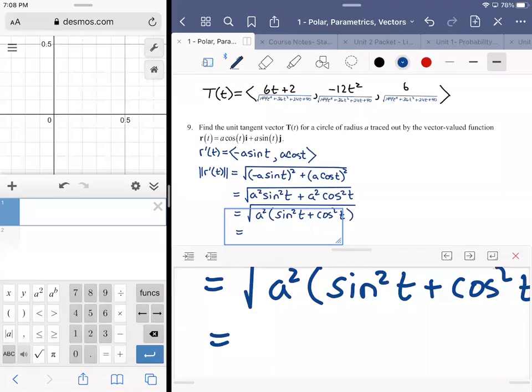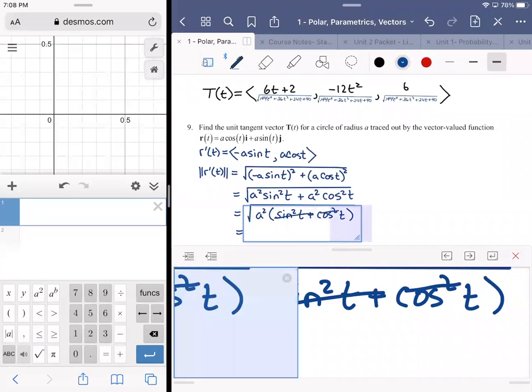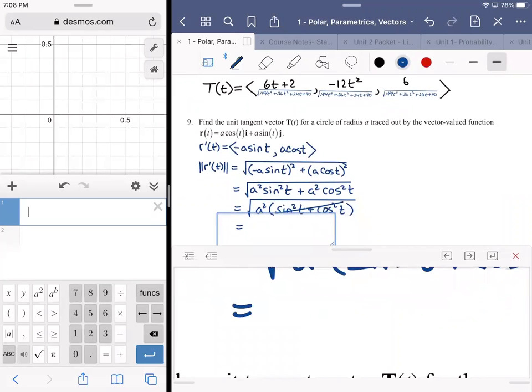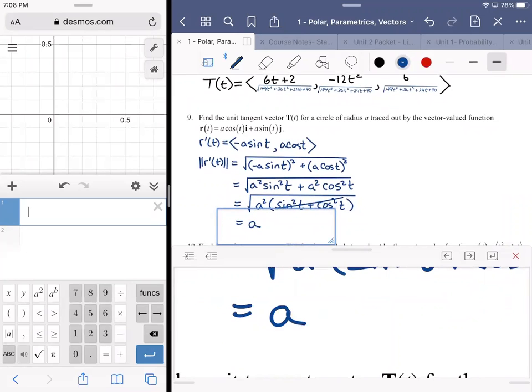This is one of those situations, though, where if you gave it a moment's thought before you started the problem, you'd realize you really don't need to do any of this work.